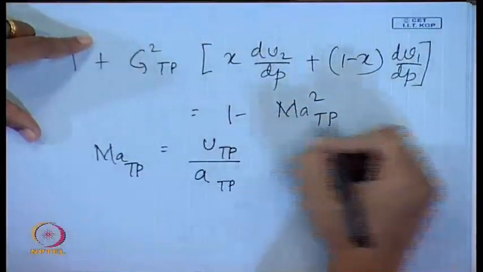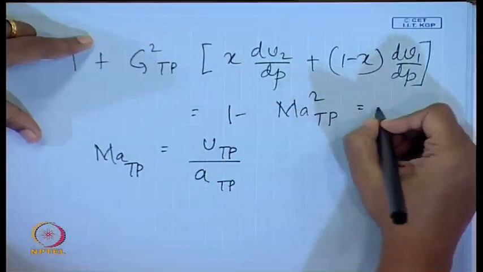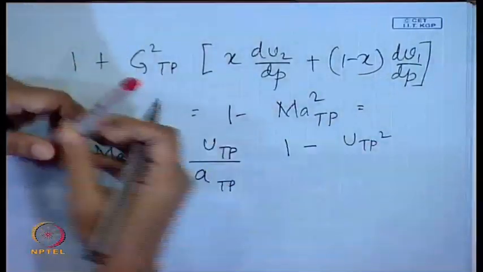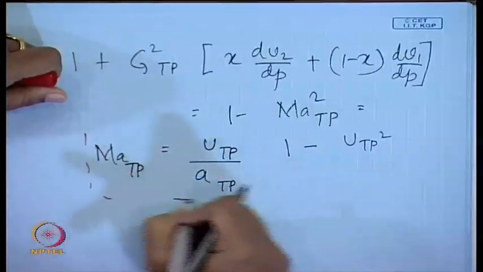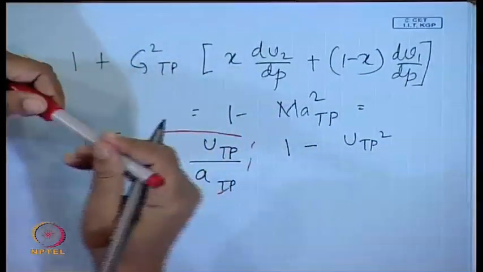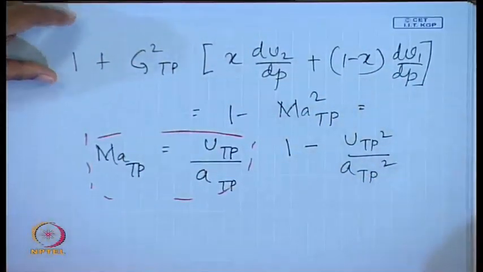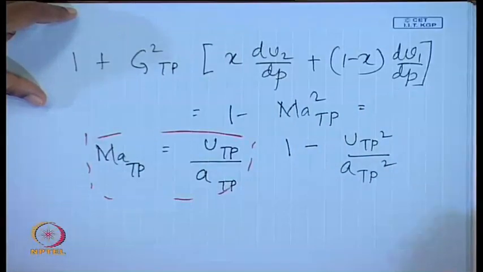We find that if this expression has to be equal to M_TP, this has to be equal to 1 minus U_TP square by A_TP square. Agreed? Okay.